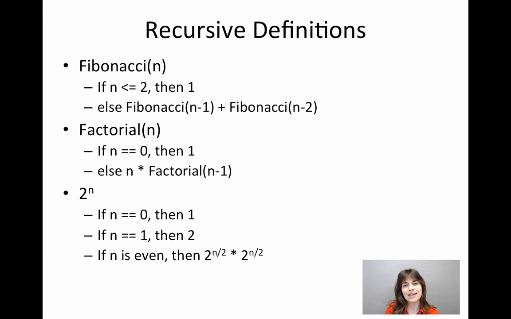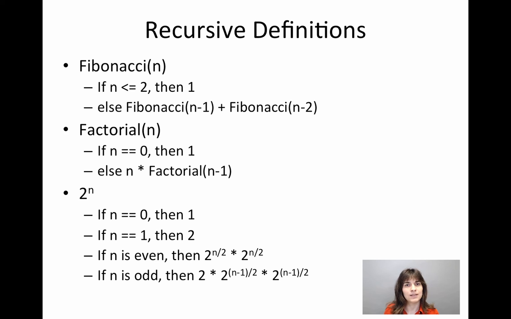So if the number n is even, we can compute 2 to the power of n divided by 2 times exactly that same number, 2 to the power of n divided by 2. And if the number is odd, we can have a very similar expression, just it will be 2 times 2 to the power of n-1 divided by 2 times that same number.